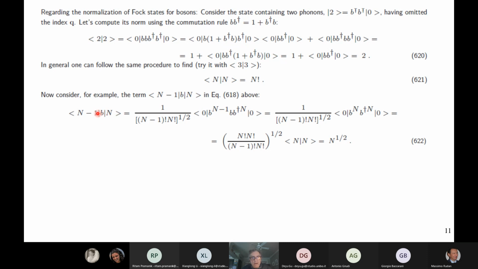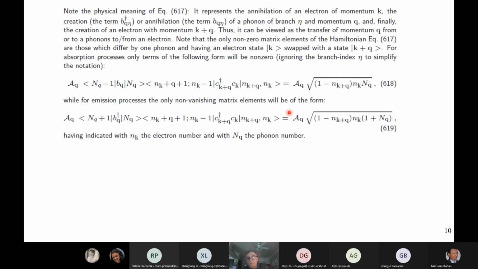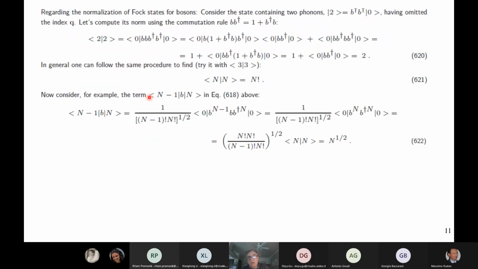The fact that this is normalized to the square root of (n minus 1) factorial, this is n factorial. So if we want to express it in terms of the normalization condition for the n minus 1 state, we have this factor n to the 1/2 floating around, which is what we have in this expression. And that's indeed what we're calculating here.